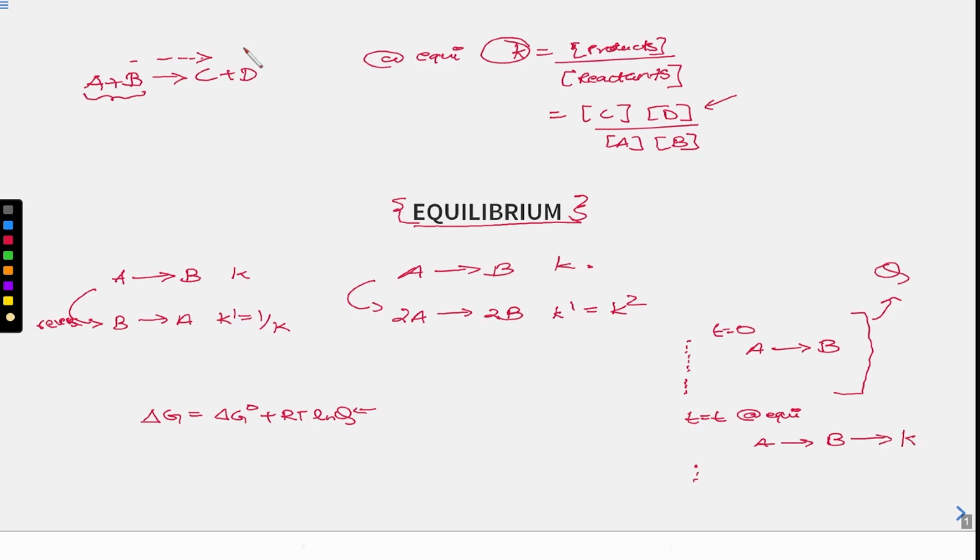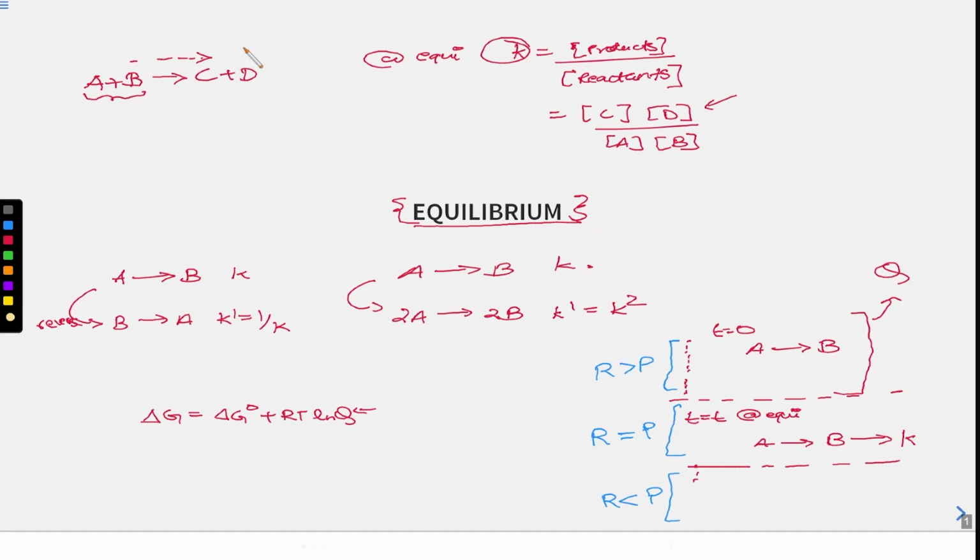And after this, once you have attained equilibrium, you can also lose your equilibrium. Let's say we start with this reaction, we have reactants greater than products. Then reactants can become equal to products. Then there can be a time when reactants become less than products.